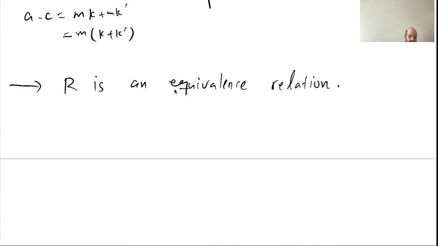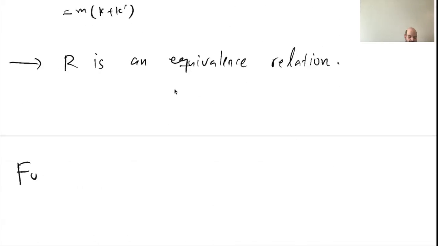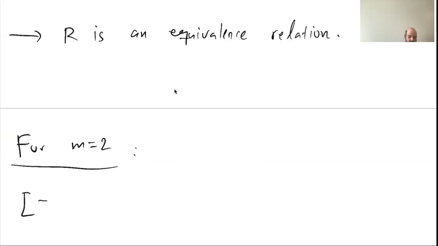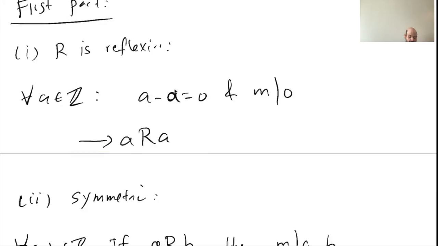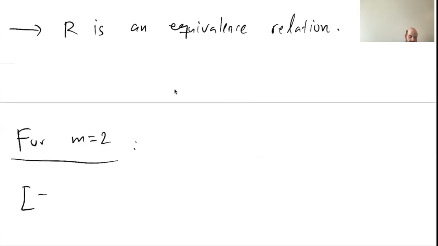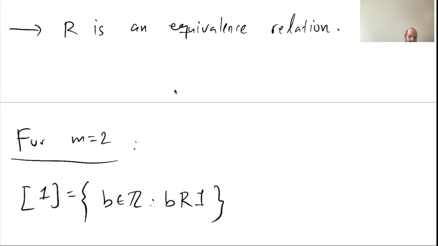And for M equals 2, we wanted to find the equivalence classes. For M equals 2, we want to find the equivalence class of 1 and 2. Equivalence class of 1 means what? Means all the elements B in Z such that B is in relation with 1. When can I say that two elements are in relation in this type of relation, which is congruence mod M, and M is 2?